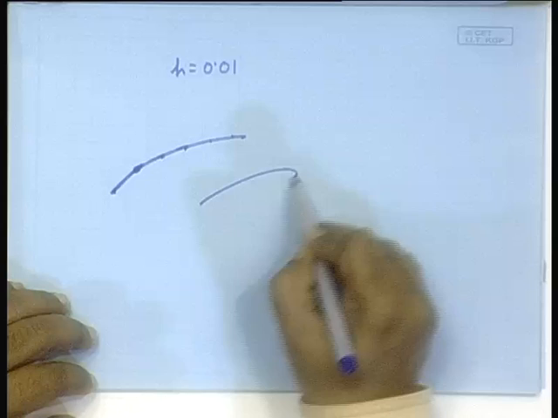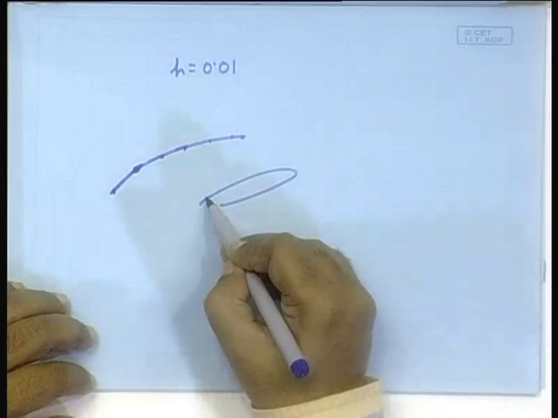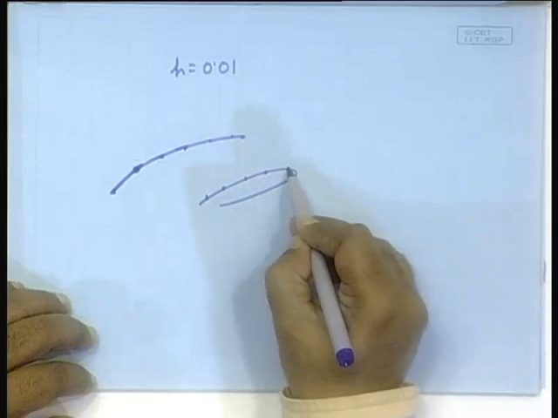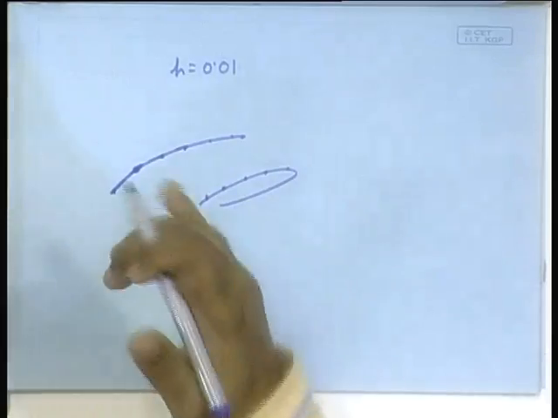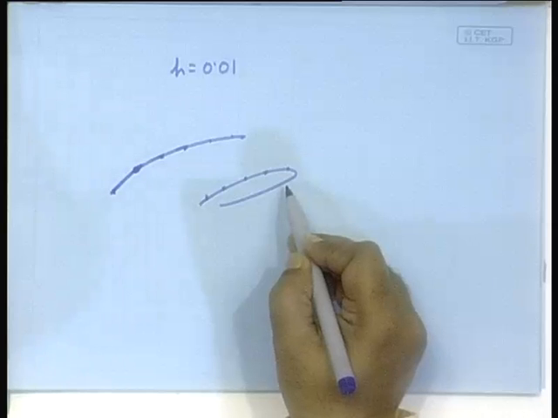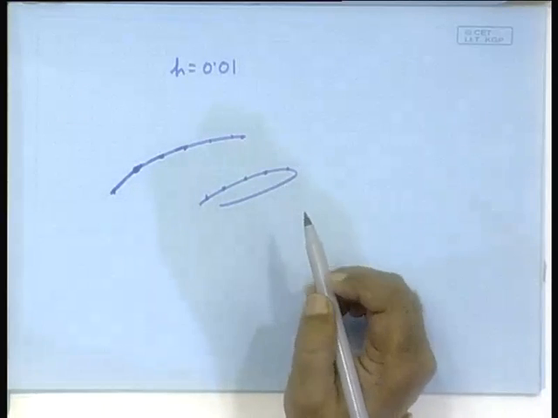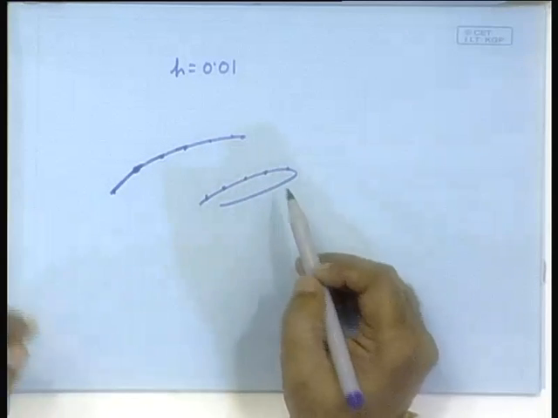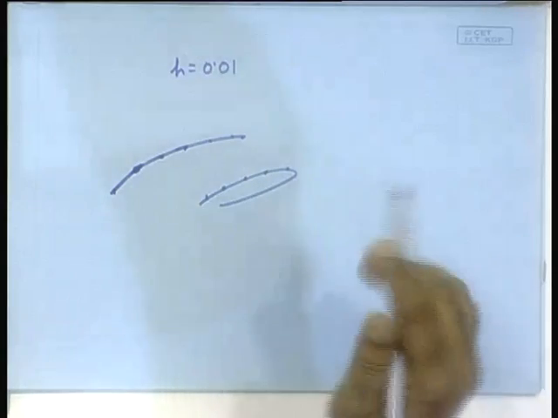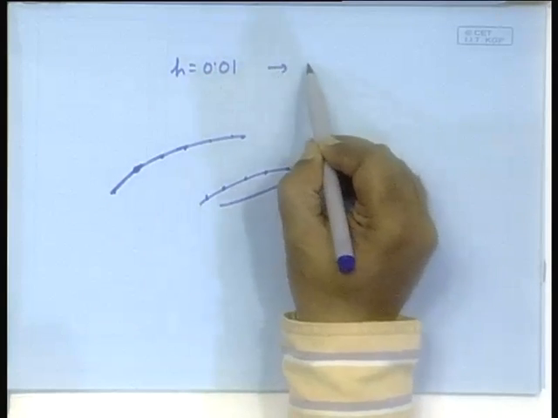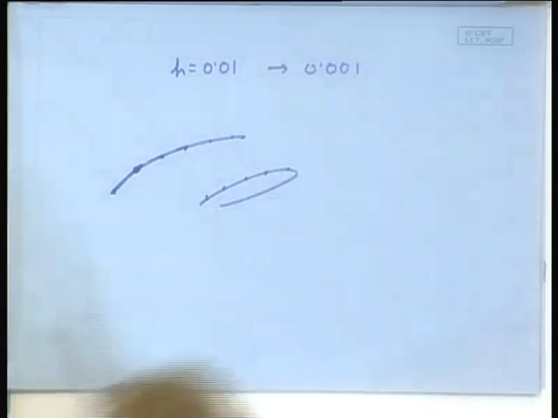But suppose it is like something like this and you are taking the steps like this, then what? If the solution has sharp turns, obviously this will incur error still. The other problem is that in order to avoid incurring that error, you might say that no, I will then change it to 0.001.